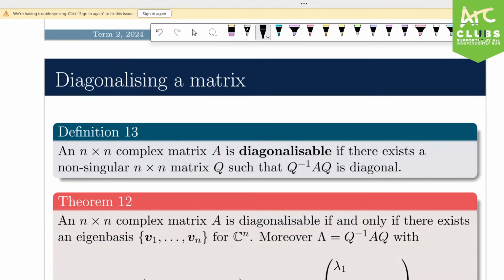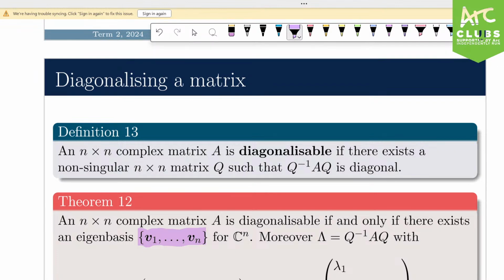Okay, so here comes a theorem. If we've got some n by n complex matrix A, we say that it's diagonalizable if and only if there exists an eigenbasis for C^n.